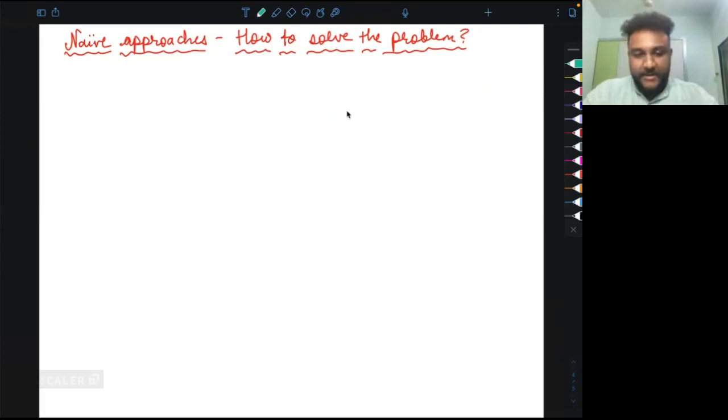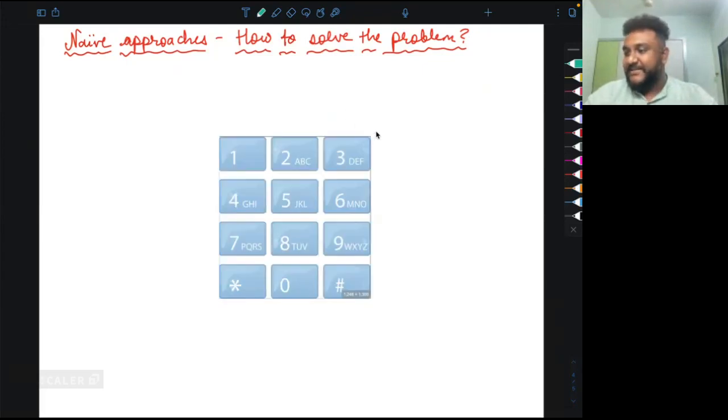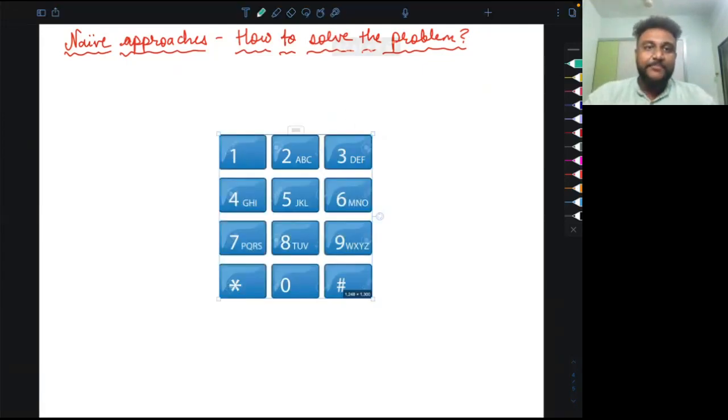So for example, if we have something like this and I wanted to spell the word cataract, if I simply press 2 and 2, it would actually start predicting the word that I am trying to type. Why 2 and 2? Because the letter C appears here and the letter A appears here.